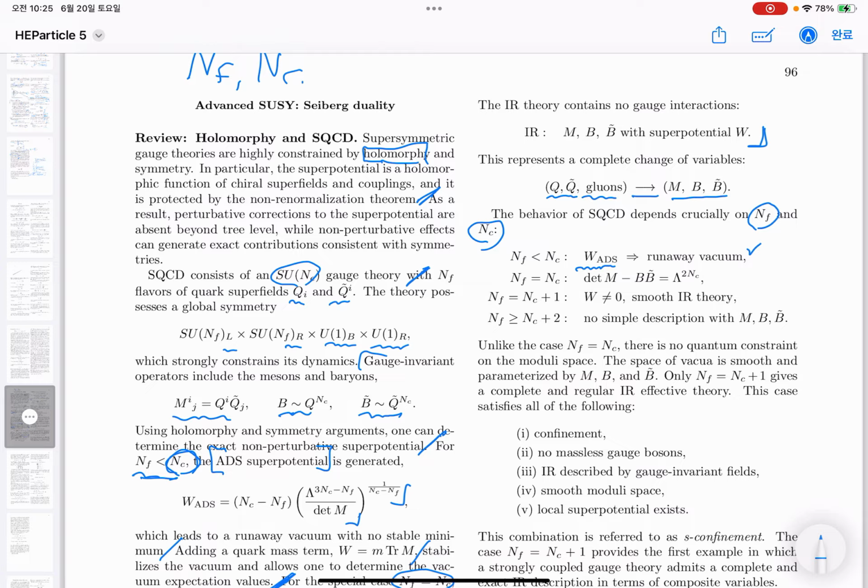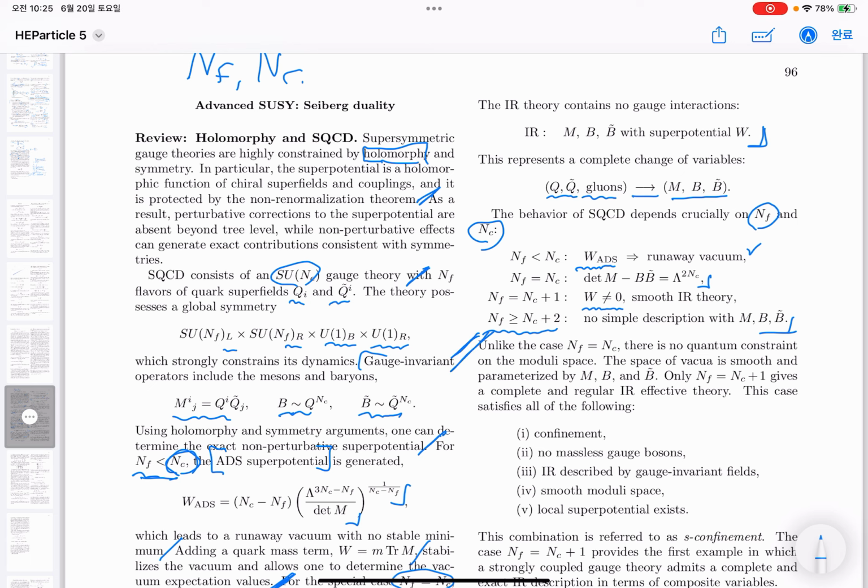And when NF is the same as NC, it gives the strong condition, and this is the modified quantum moduli space on the right hand side. And when NF is equal to NC plus 1, then also we can determine the IR theory of the superpotential. And when NF is larger than or equal to NC plus 2, then we don't have a simple description with the confinement operators.